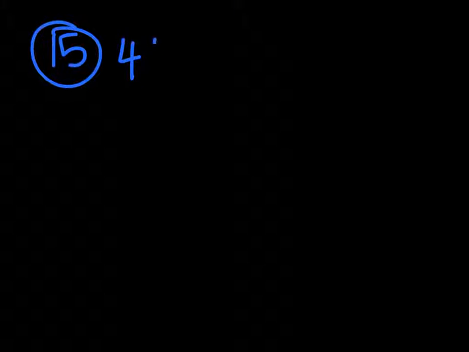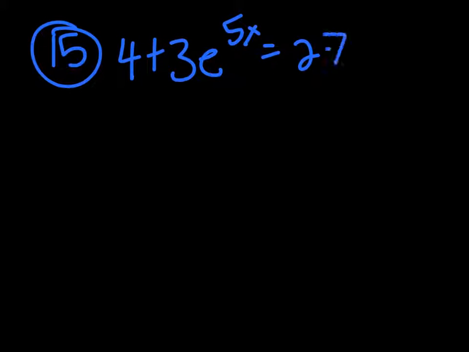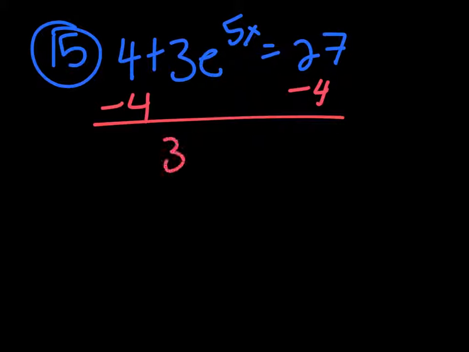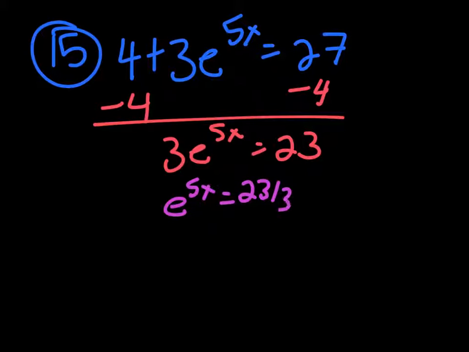And then the last one, I think this is 15. I'm probably misnumbering them. 4 plus 3e to the 5x equals 27. I'm just going to solve. Minus 4 gives me 3e to the 5x equals 23. E to the 5x equals 23 thirds.